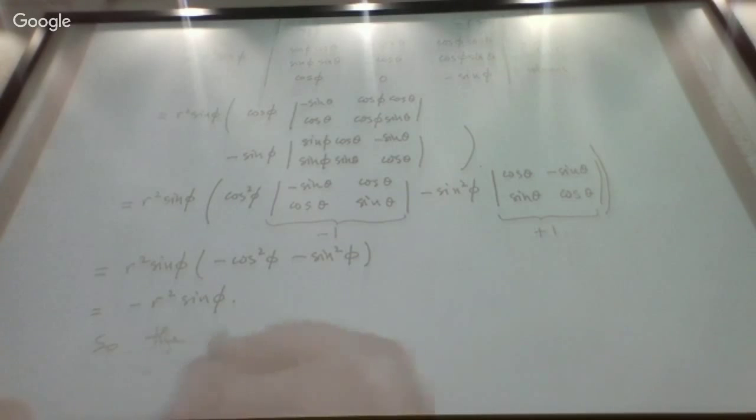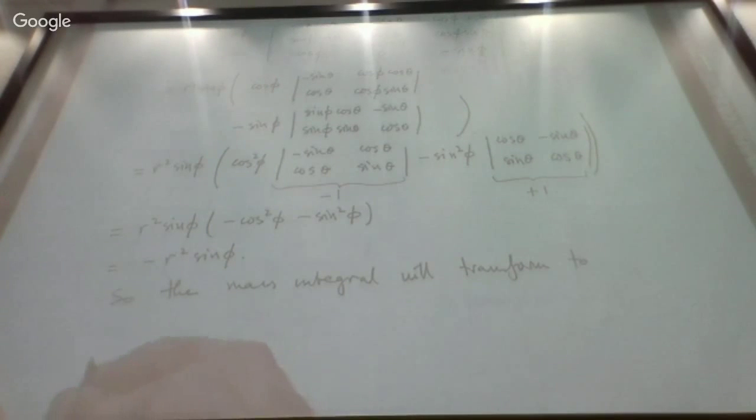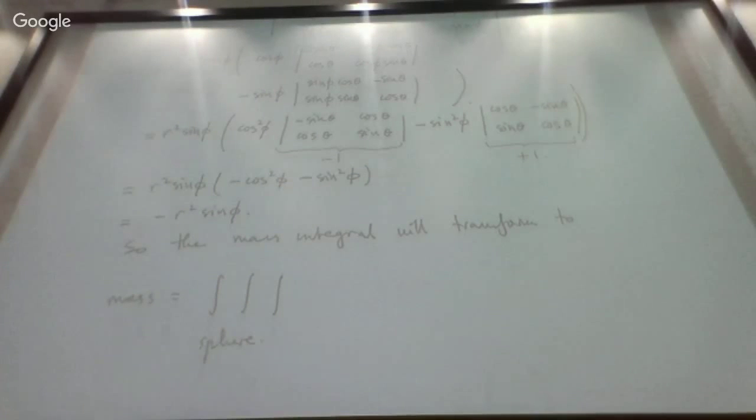So we can say the mass integral will transform to, so we're now going to write it out in terms of the spherical polar coordinates. We're still doing a triple integral over the sphere. The next line will describe the limits of integration for that.